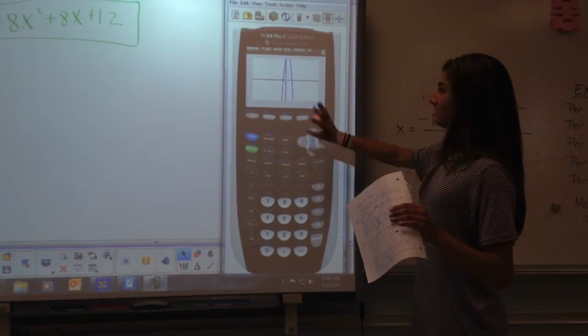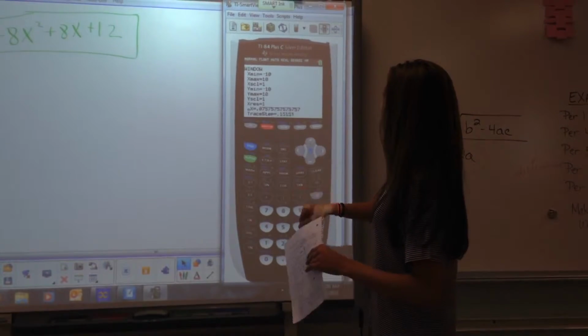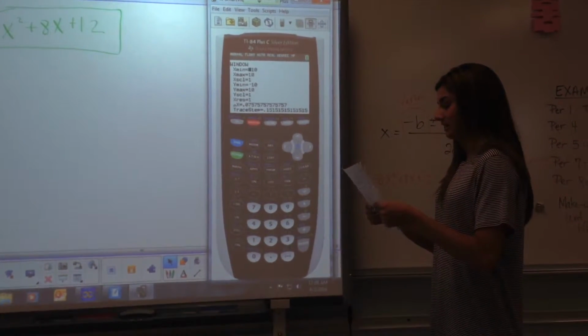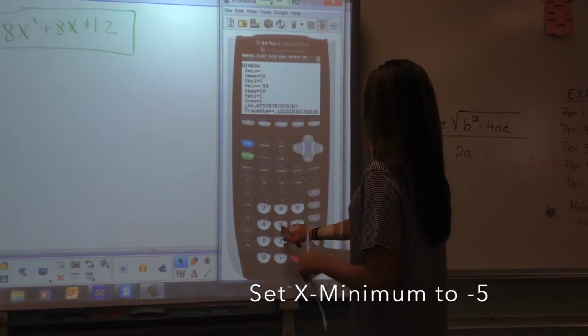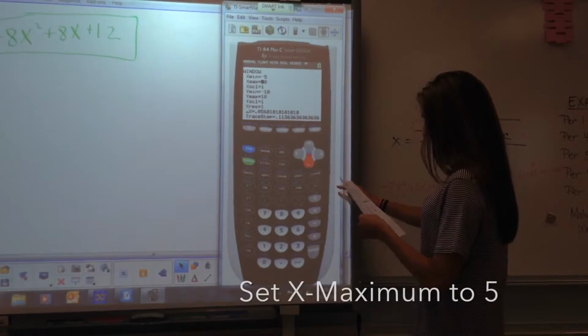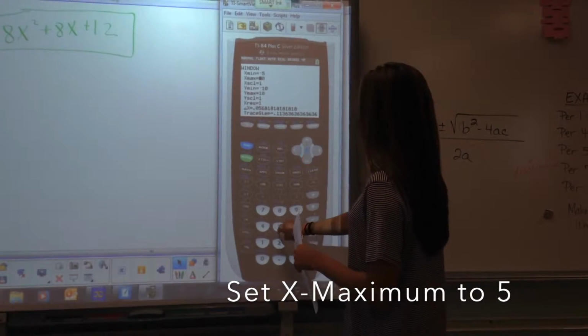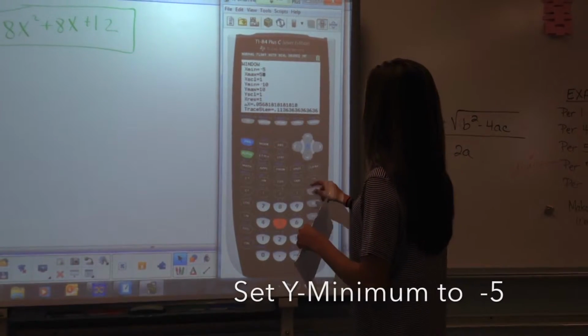So you need to adjust the window to see the full graph. You're going to hit window. Set your x minimum to negative 5, and then your x maximum to 5, and then your y minimum to negative 5.